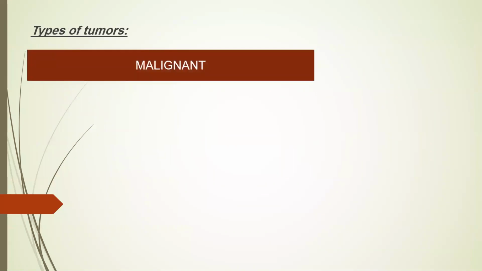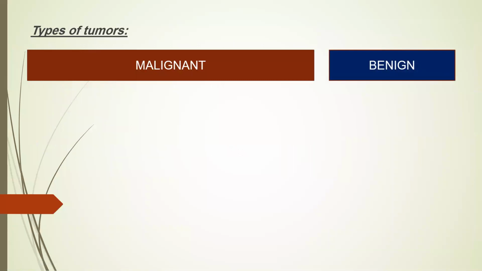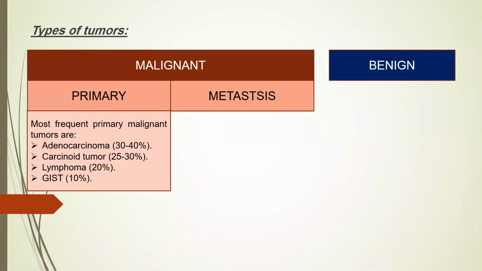The types of tumor, in general, are divided into malignant and benign. The malignant tumors are divided into primary and metastasis. The most frequent primary tumors are those 4 types: the adenocarcinoma, which is the most common type, and constitutes about 30 to 40% of all primary tumors.